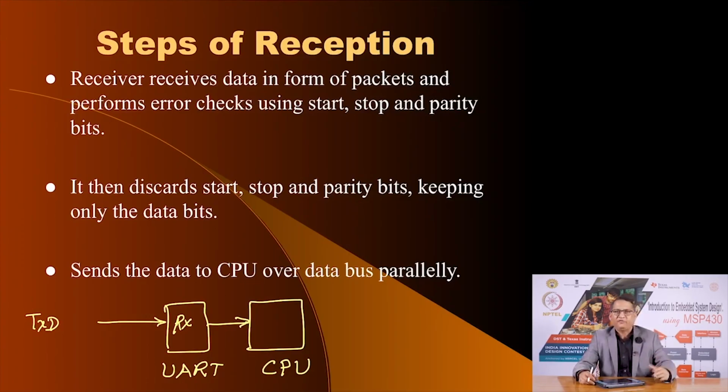It will strip off the start bit, parity bit and stop bit. Of course, it will use the parity bit received from the transmitter and compare it with the locally computed parity bit. If the two match, that means no error has been encountered in the transmission, and then it will remove the data bits and present them to the CPU. This is how the reception happens.